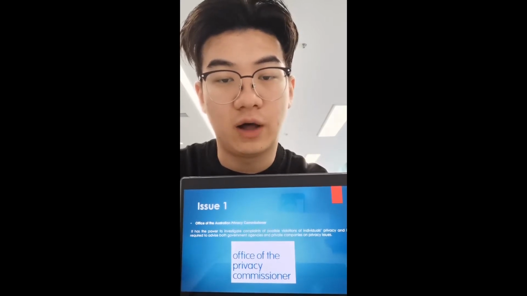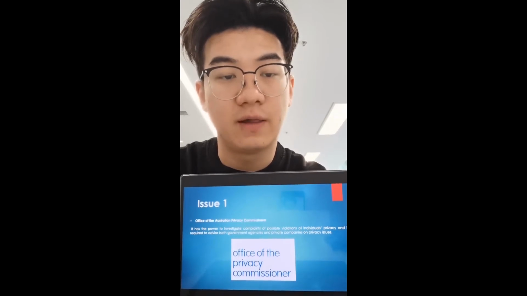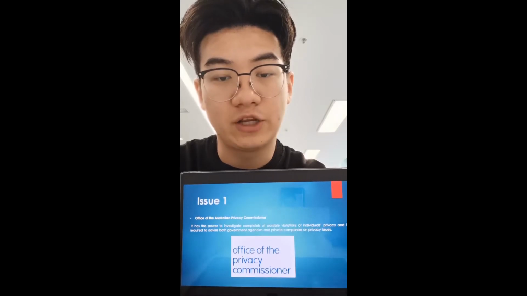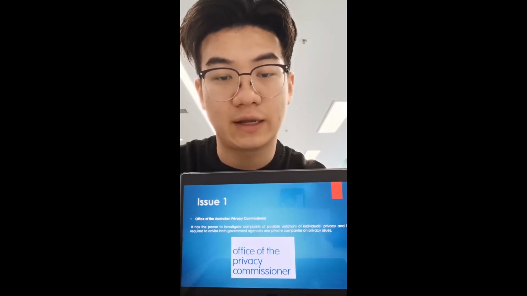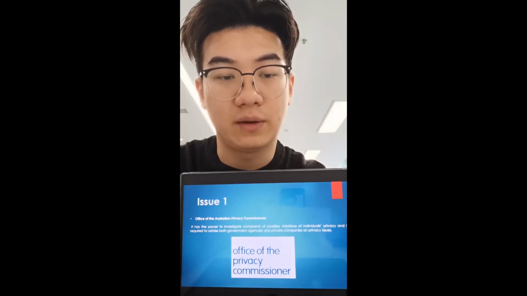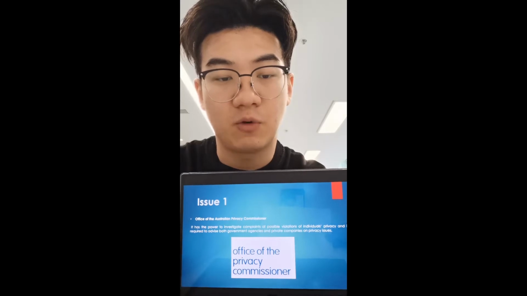Consumers can request to check their credit report and the credit data held by credit reporting agencies.